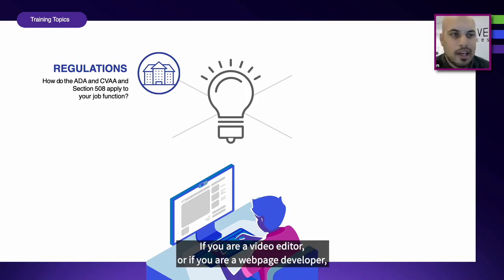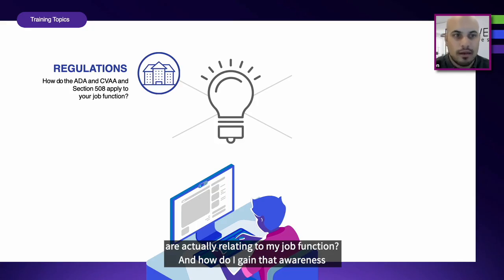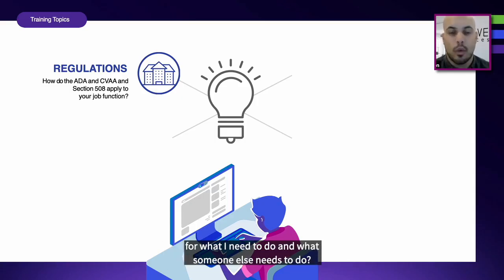If you are a video editor, or if you are a web page developer, or a UX designer, which of these laws or regulations are actually relating to my job function? And how do I gain that awareness for what I need to do and what someone else needs to do?